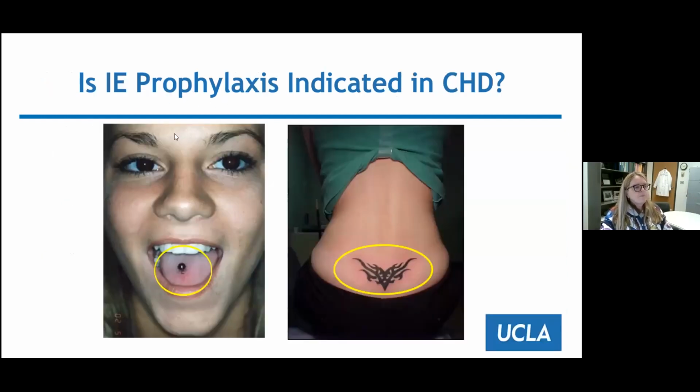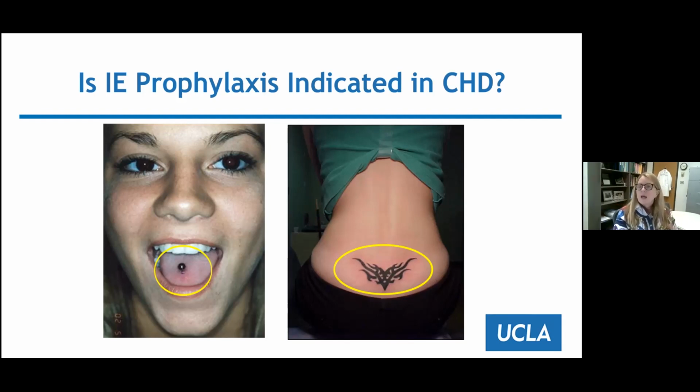Is IE prophylaxis indicated in congenital heart disease in these sorts of cases, such as piercings and tattoos? There is nothing written in the guidelines as to what we do in this case. We obviously don't encourage it, but as you know, kids are going to do what kids want to do. If they really want to do it, I tell them to do their homework and make sure they go to a reputable place that has a good sterilization procedure and skin prep.